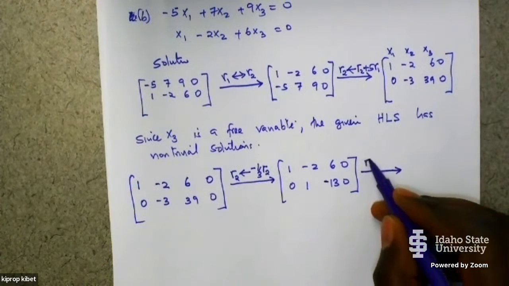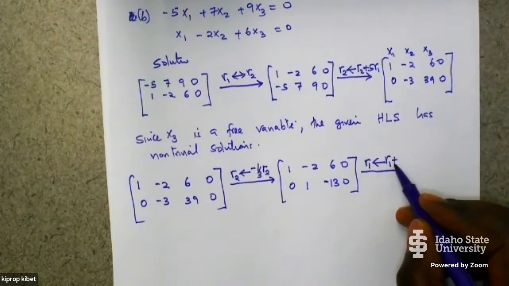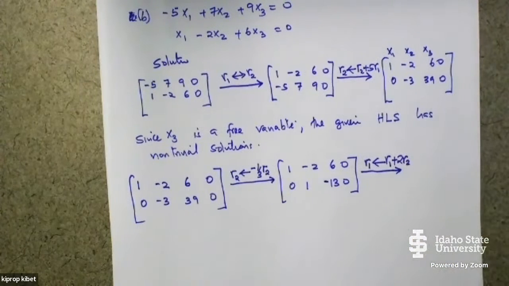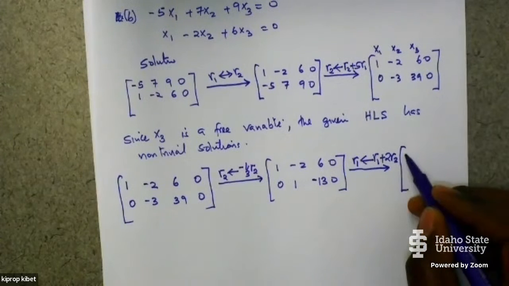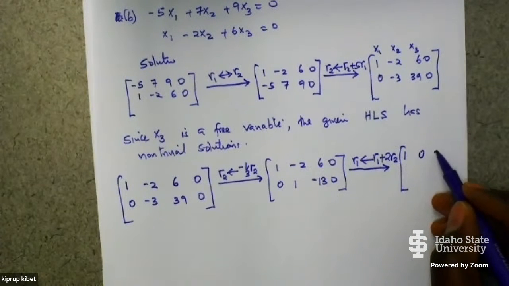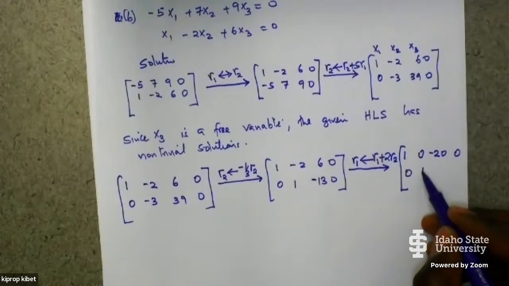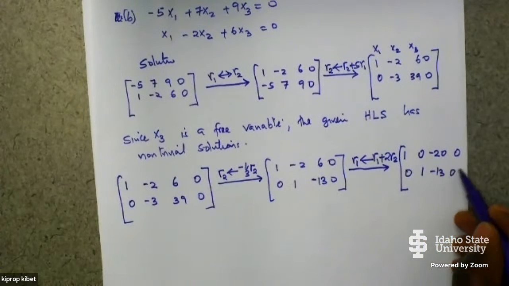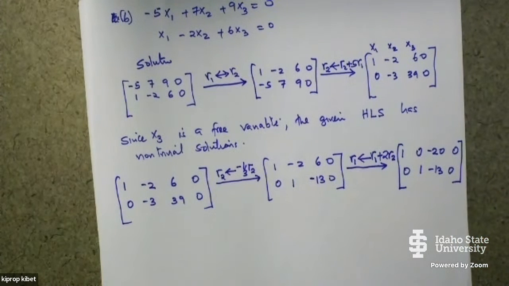So our new R1 will be R1 plus 2R2. So 1, 0, -20, 0, and 0, 1, -13, 0. So that will be our result.